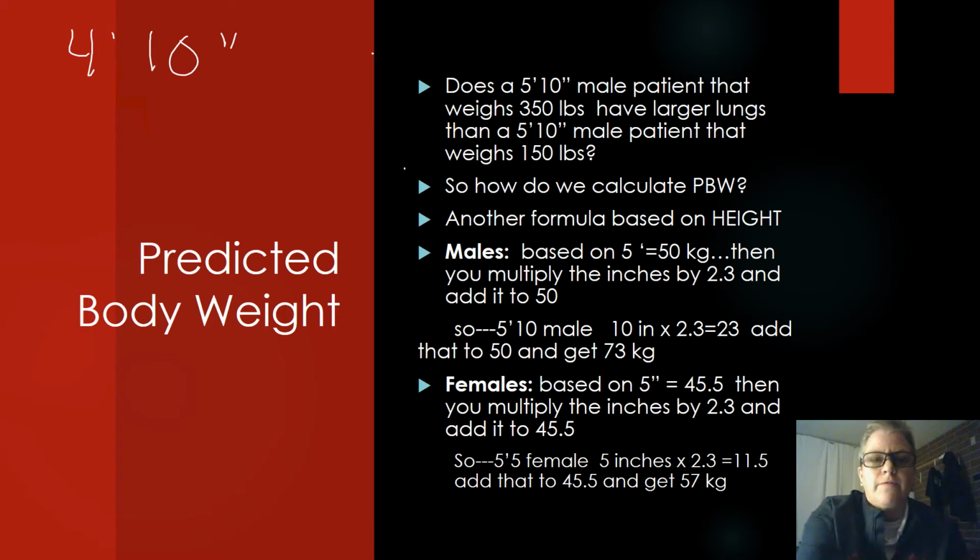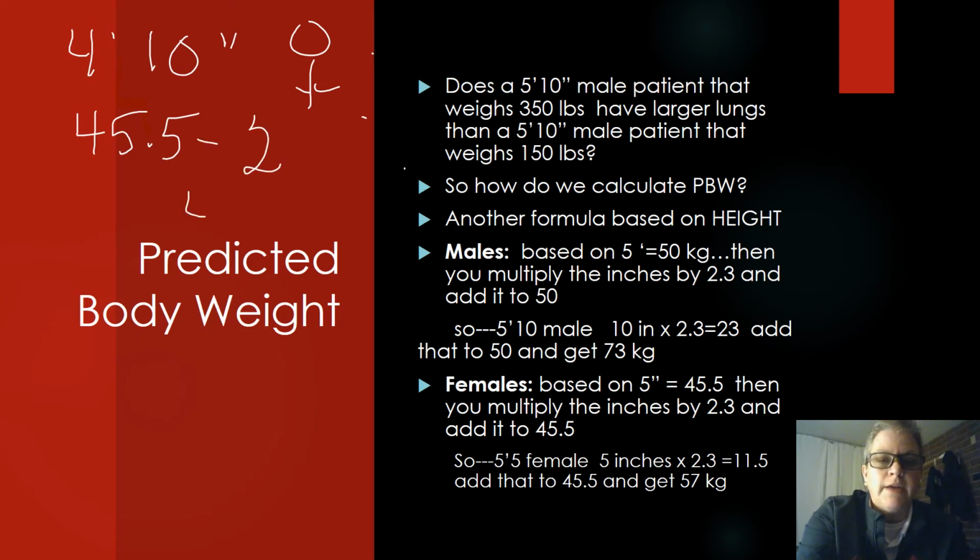So this 4'10" female is 2 inches below 5 foot. So she gets 45.5, and then we subtract 2 kilos per inch less. So we subtract 2 from that, and we get about 43.5 kilograms. Okay?